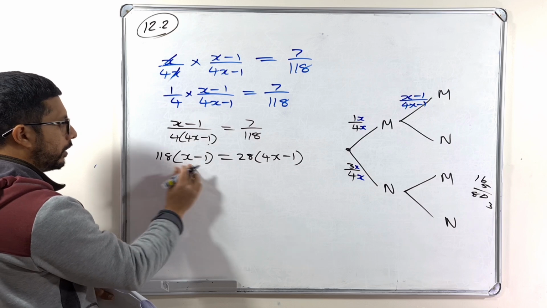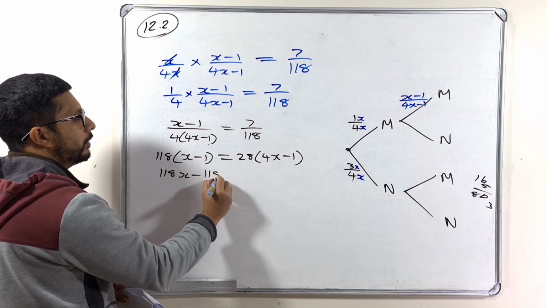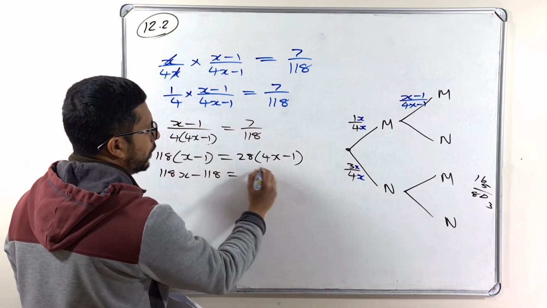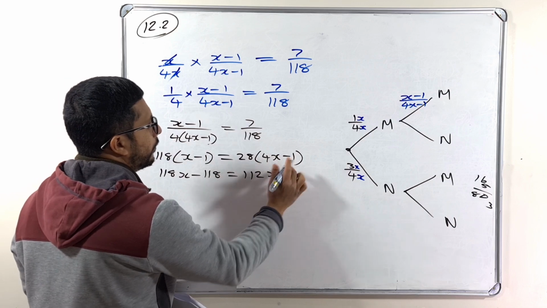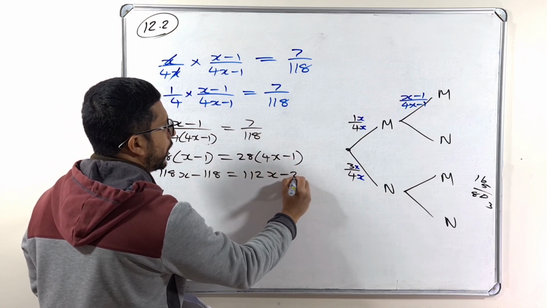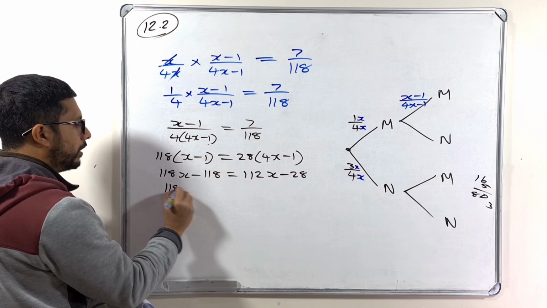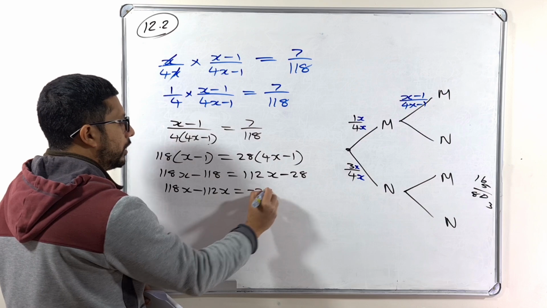Now expand the bracket. 118x minus 118 is equal to, what is this one when you multiply? 112x minus 28, because 28 into minus 1 is minus 28. Take this one to this side, so it is 118x minus 112x is equal to minus 28.